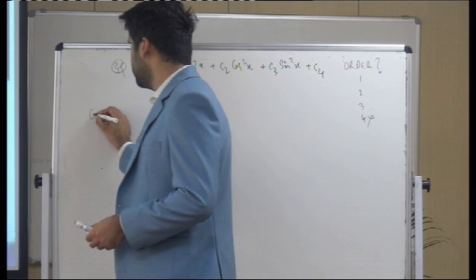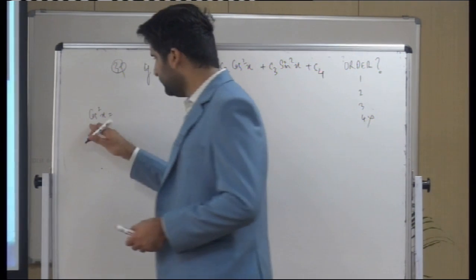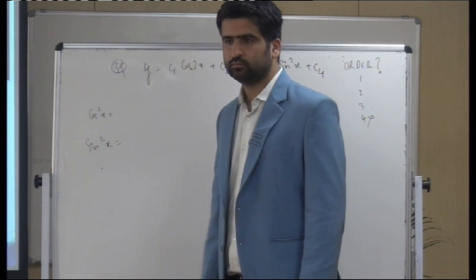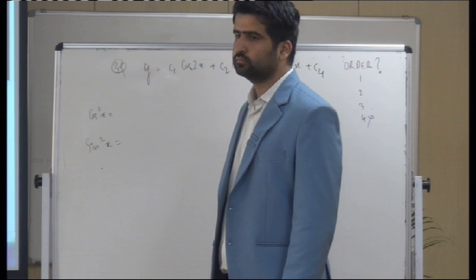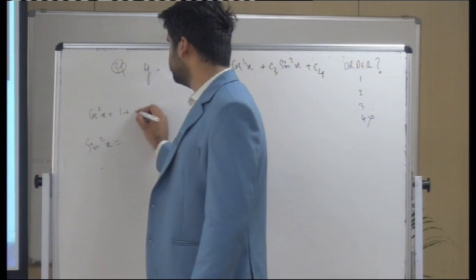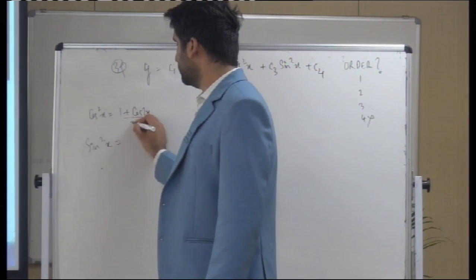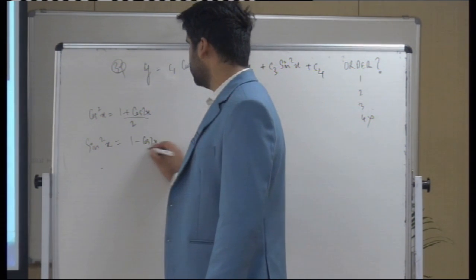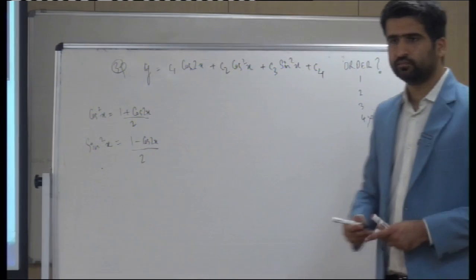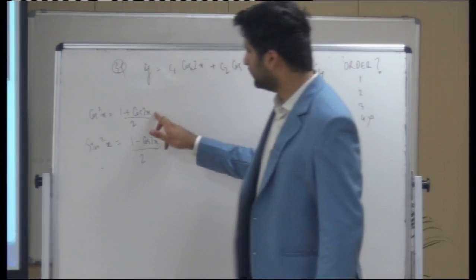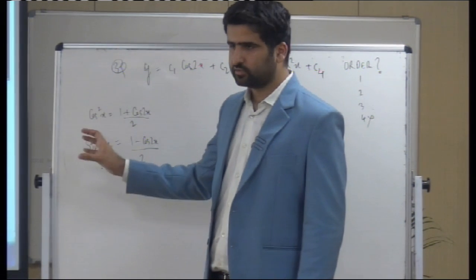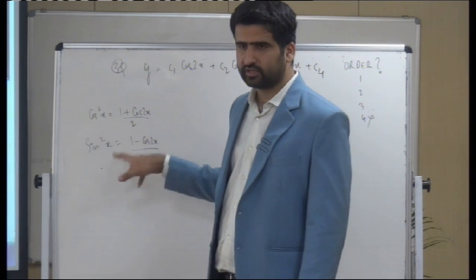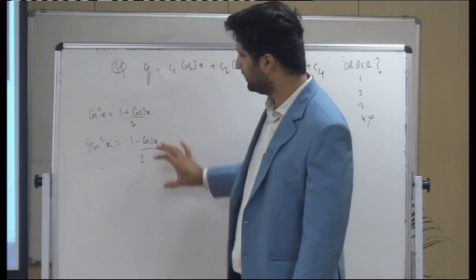If we have just cos square x, how can you write this in terms of cos 2x? 1 plus cos 2x divided by 2, and sin square x can be written as 1 minus cos 2x divided by 2. Everybody is clear? How do we get this formula? Because we know that cos 2x is equal to cos square x minus sin square x. It can be written as 2 cos square x minus 1, or 1 minus 2 sin square x. So from these two we get this formula.